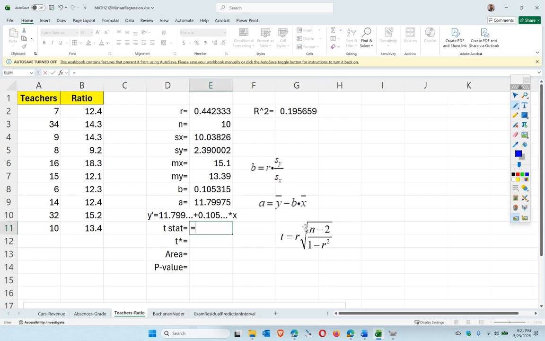Okay, so t-stat is the r times the square root of the n minus 2 degrees of freedom divided by 1 minus r squared. Okay.